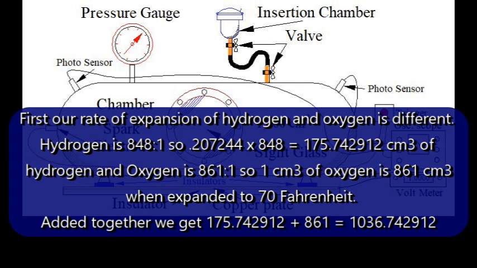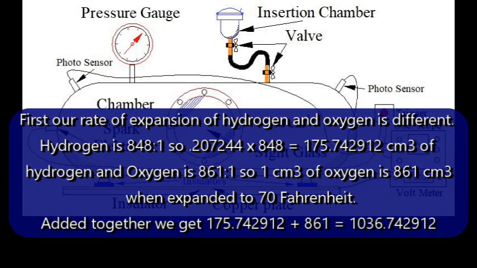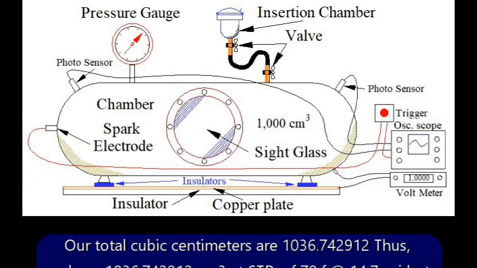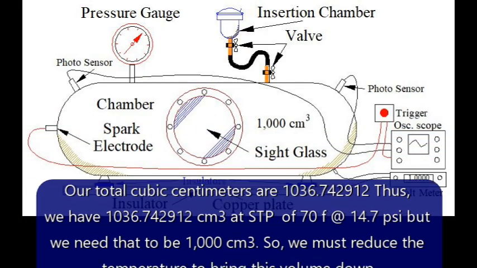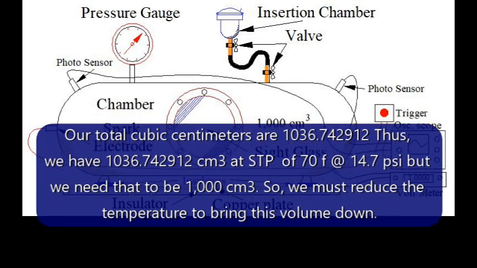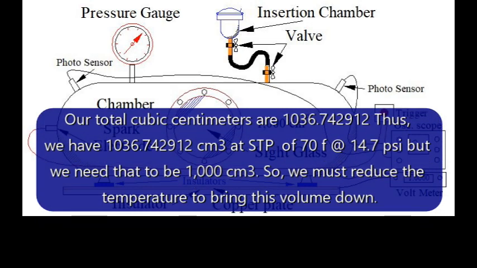So 1 cubic centimeter of oxygen is 861 cubic centimeters when expanded to 70 degrees Fahrenheit. Added together, we get 175.742912 plus 861 equals 1036.742912. Our total cubic centimeters are 1036.742912.